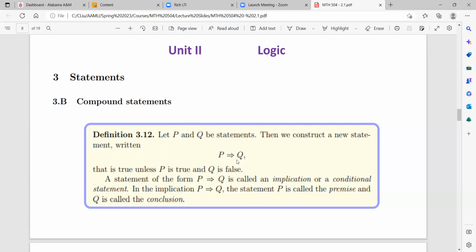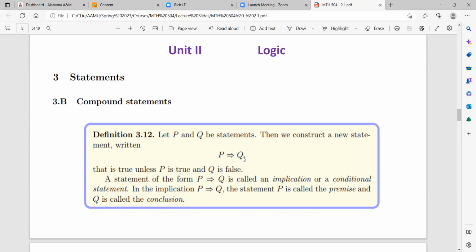What does it mean? It means when P is true but Q is false, then this whole compound statement doesn't make sense. That's what it means by this implication. P implies Q. So if P is true, then Q has to be true.